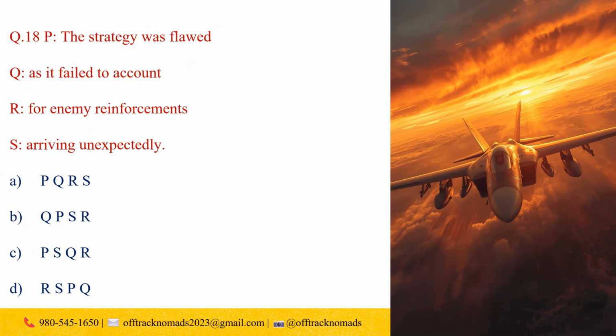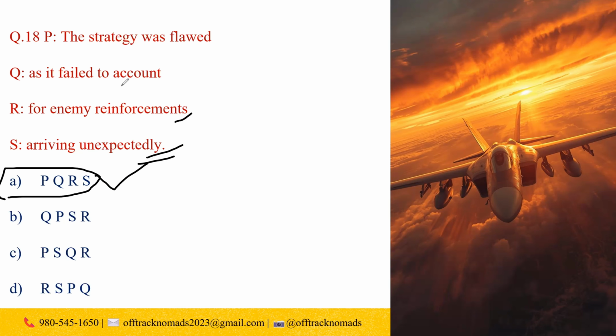The strategy was flawed as it failed to account for enemy reinforcement arriving unexpectedly. The strategy was flawed, so it is talking about a failed strategy. So the answer is PQRS itself because I get a meaningful sentence here. The strategy was flawed. What was the strategy which was flawed?